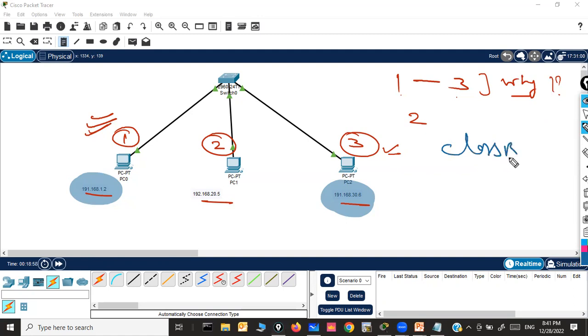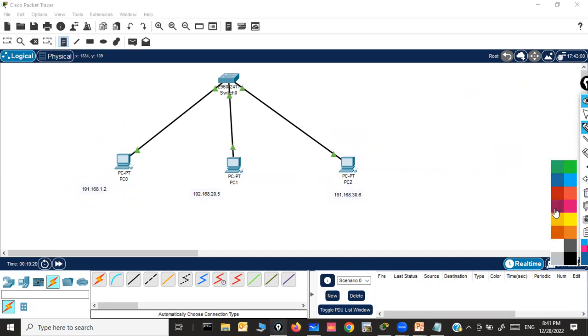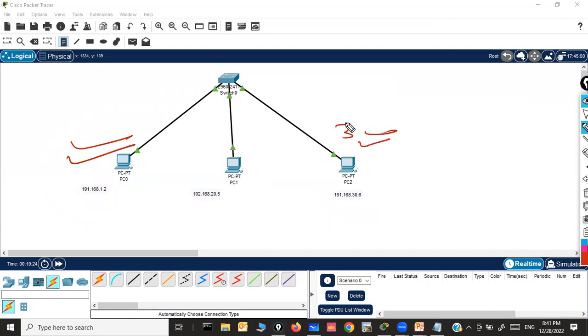Yes, class B, because it's 191. Just to create some confusion intentionally, I wrote 191.168 so that it resembles 192.168. But your understanding is good. Computers 1 and 3 will communicate with each other.